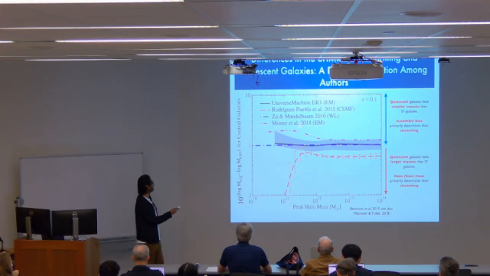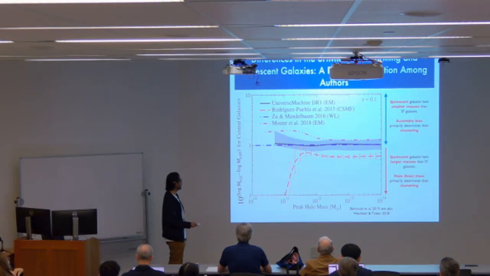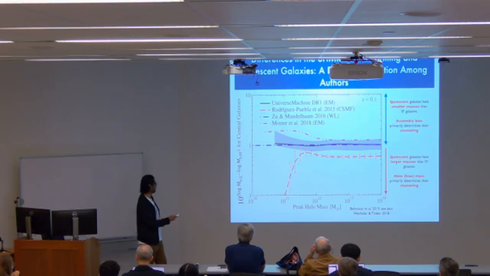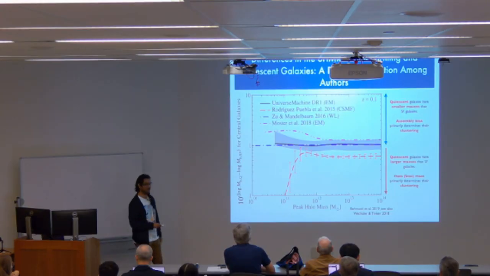And here you have different authors. This is actually from Paranjape 2019. So you can see that some authors predict that there is no difference between those models. And there are some authors that predict that quiescent galaxies will have larger halo mass, and other authors that predict the inverse.